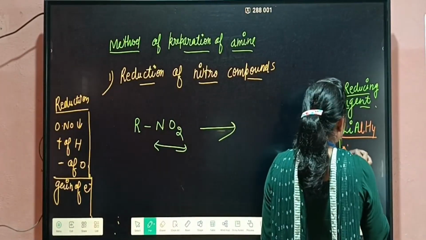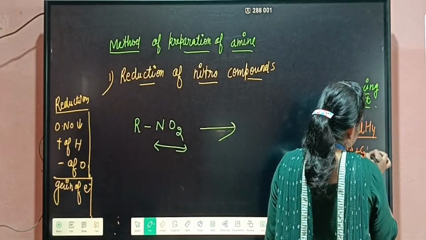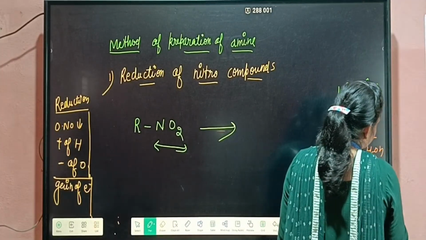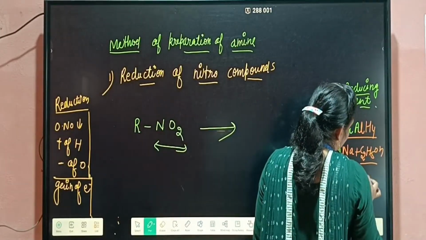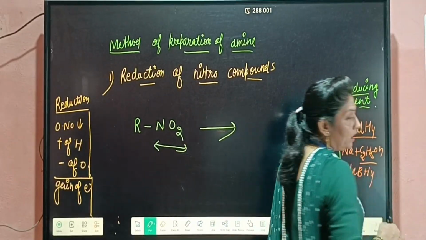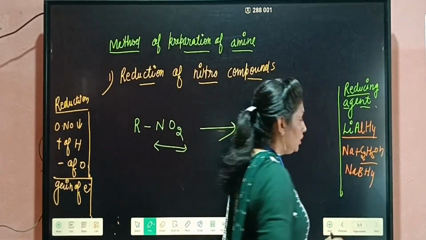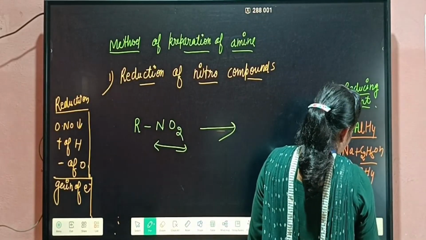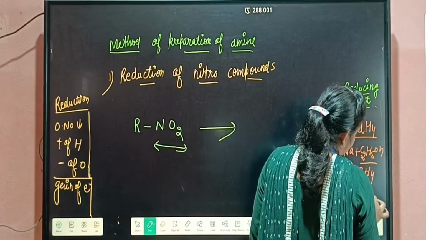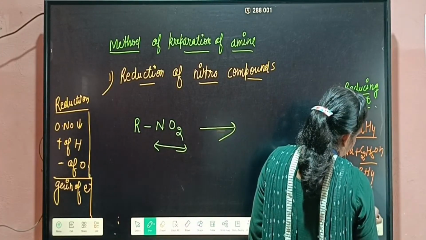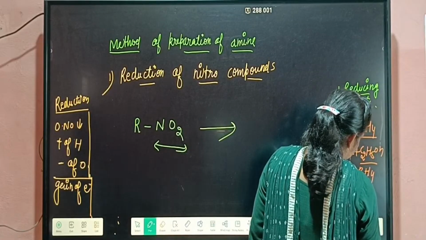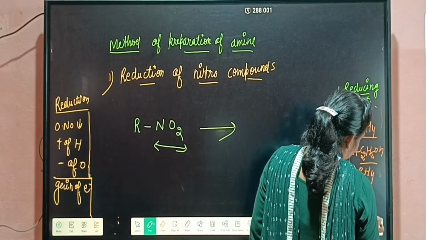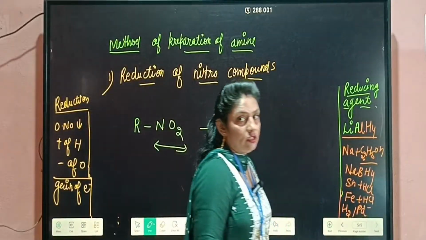Sometimes we use sodium plus ethanol also. We use sodium borohydride also as a reducing agent. We use Sn plus HCl also, sometimes Fe plus HCl, and sometimes hydrogenation, H2 in presence of palladium or platinum.